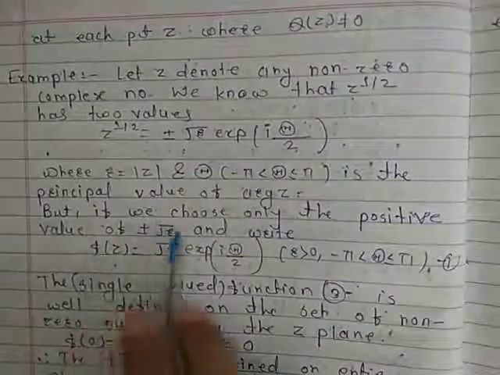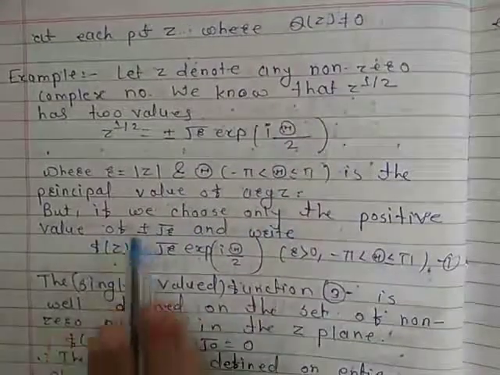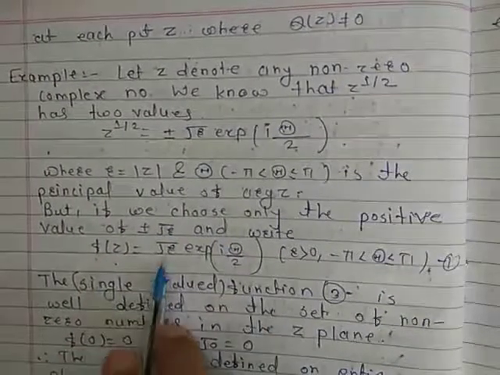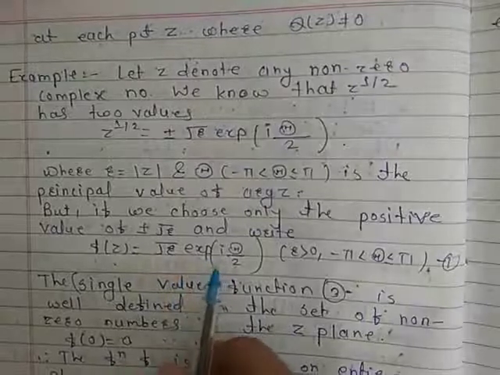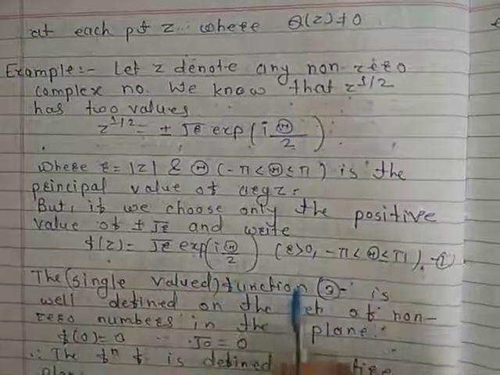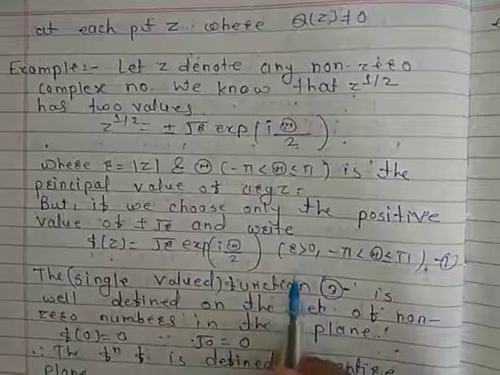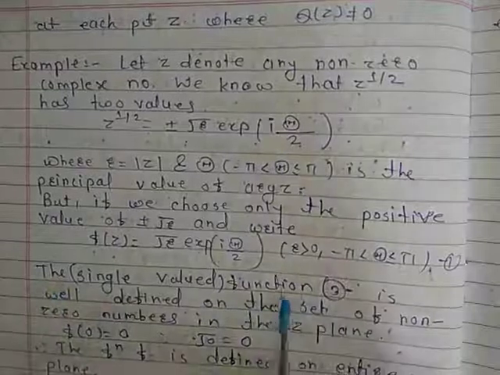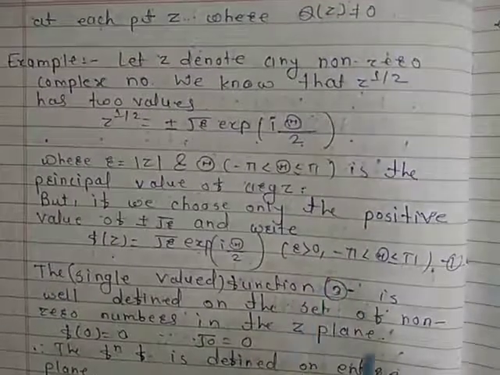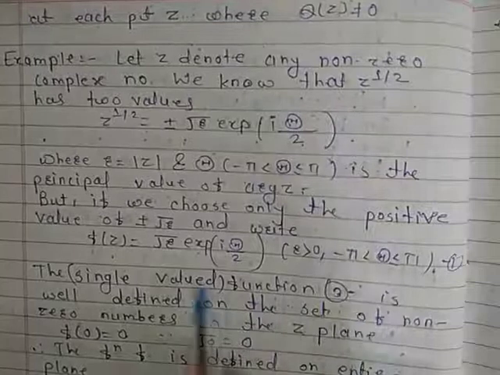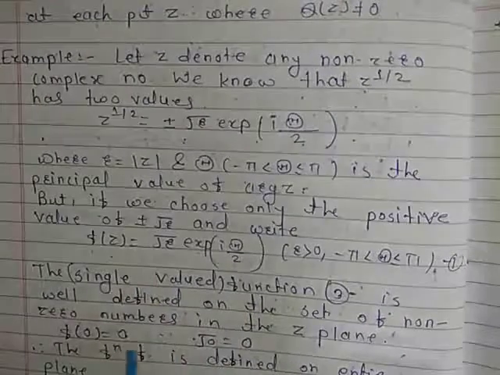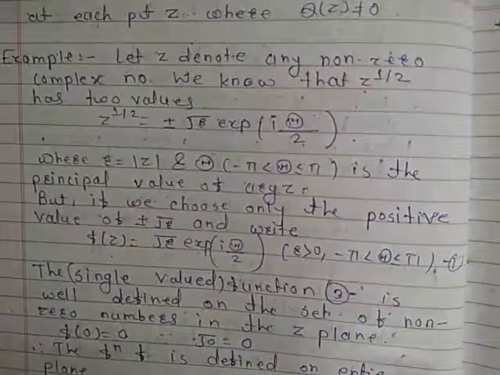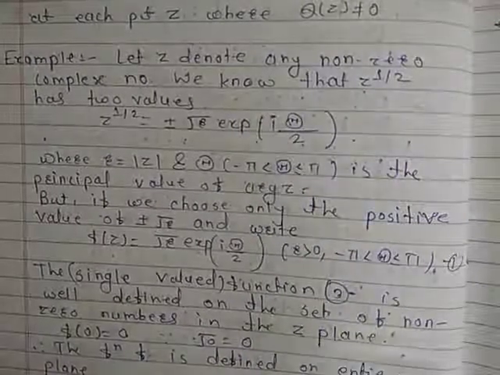But if we choose only the positive value of this plus or minus root of r, and we write f of z is equal to root of r exponential of i into principal value upon 2, where r is greater than 0, this is now a single valued function, well defined on the set of non-zero numbers in the z plane.